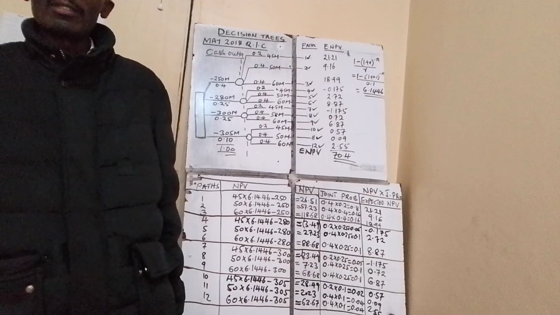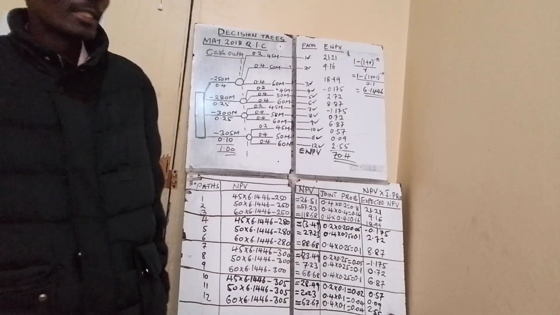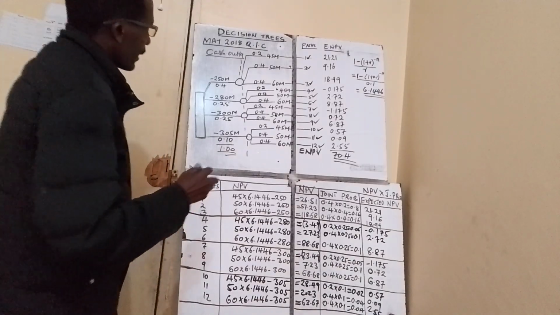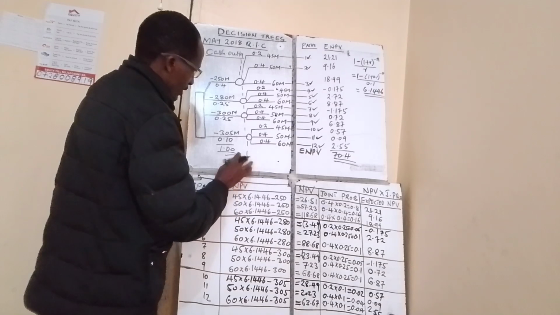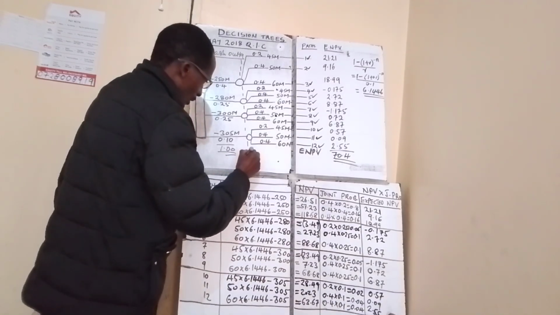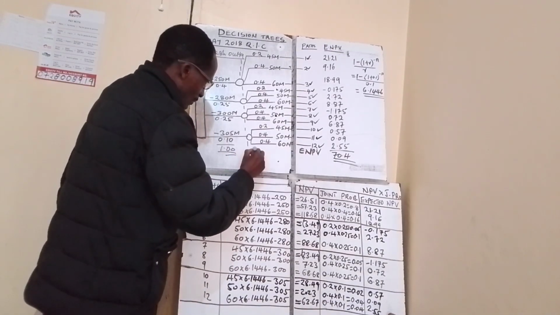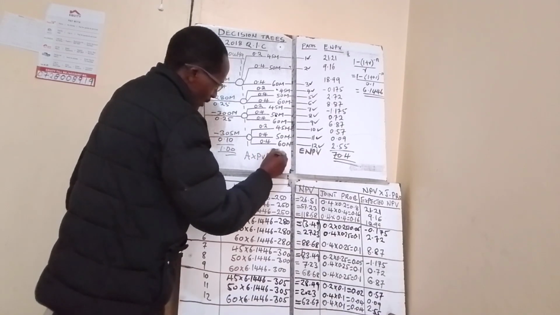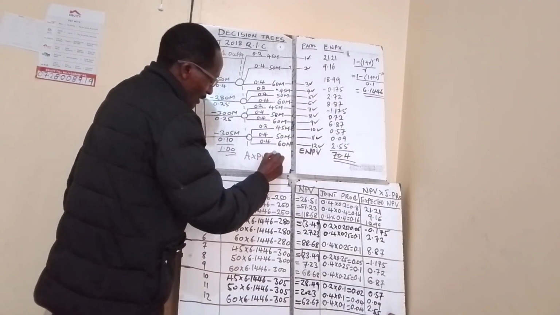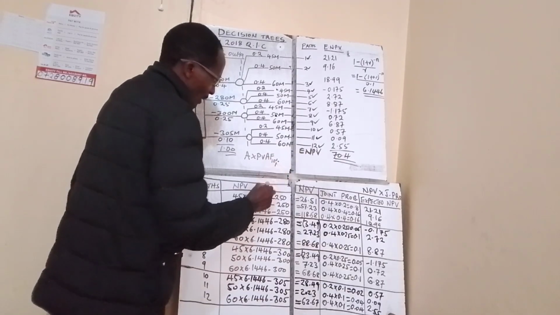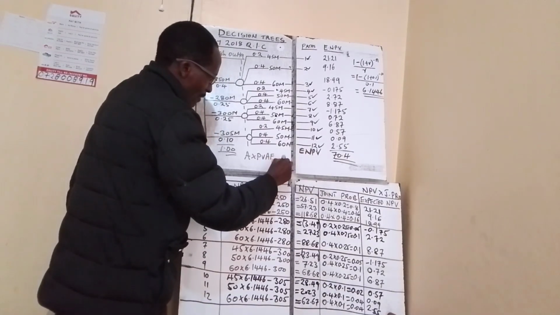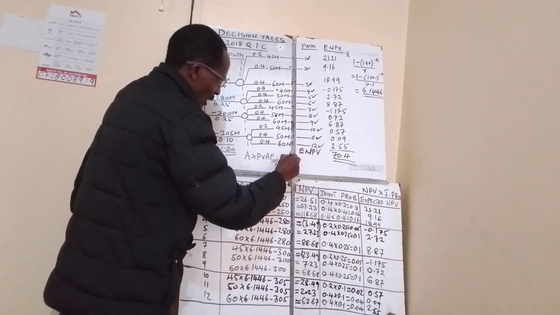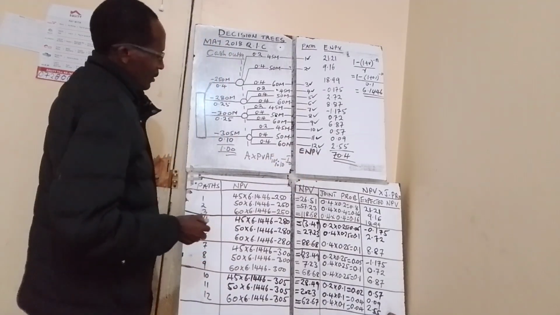Present value annuity factor minus what? Initial capital outlay. Now let me write here. I'll say annuity times present value annuity factor. Now here we have 10%. We are told cost of capital is 10%. Then 10 years, minus initial capital outlay.